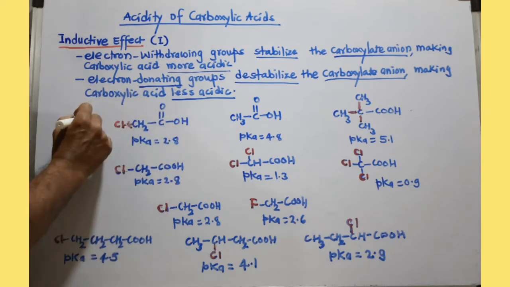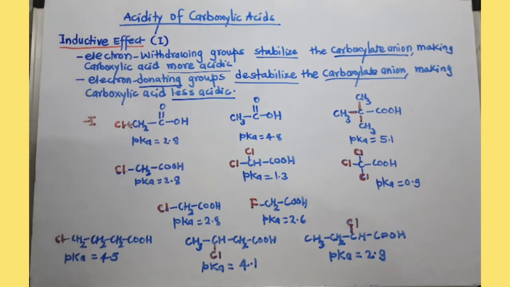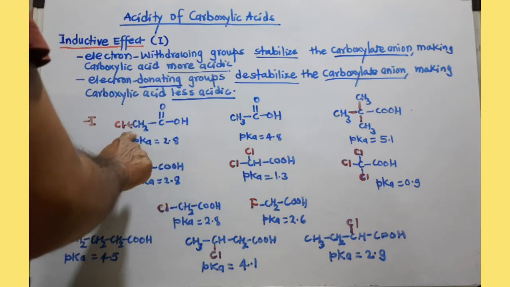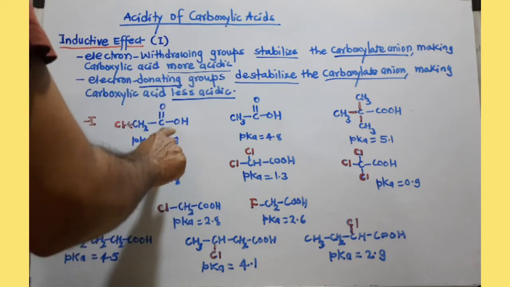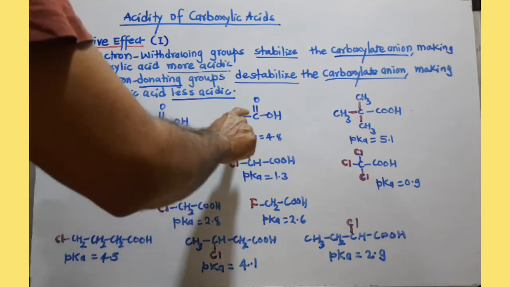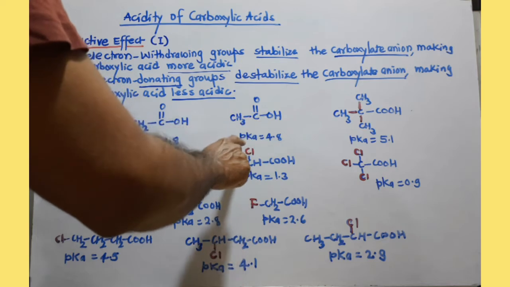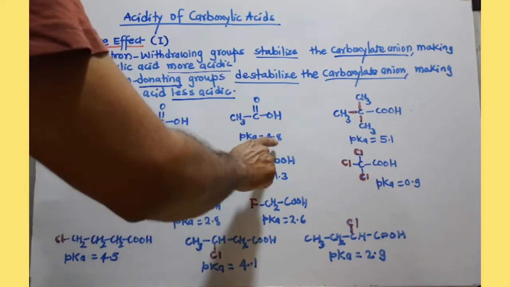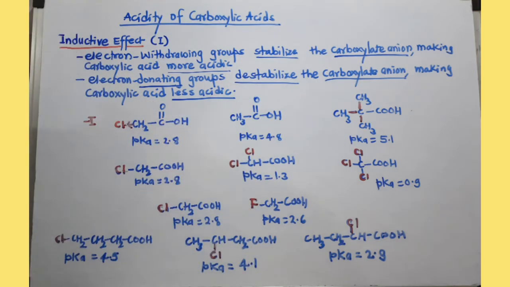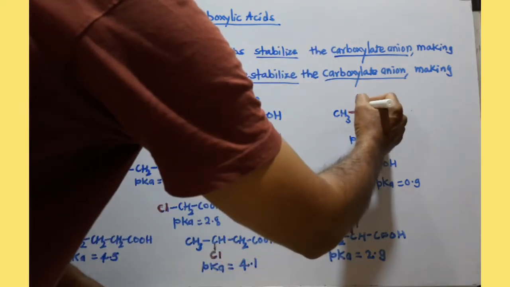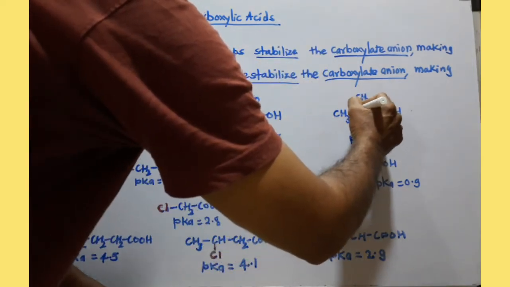That means it is exerting minus I effect, and the resultant carboxylate anion will be more stable, and because of this the pK value is 2.8. If there is no electron withdrawing atom present, the pK value is slightly increased, that is 4.8.